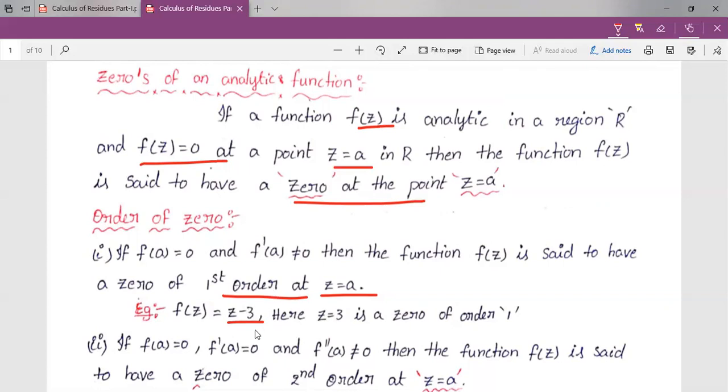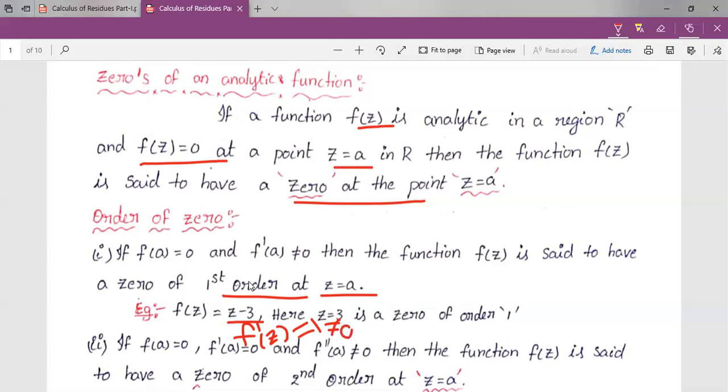Now we find f'(z), which equals 1. When we differentiate z minus 3, we get 1, and substituting z equals 3, it is not equal to 0.